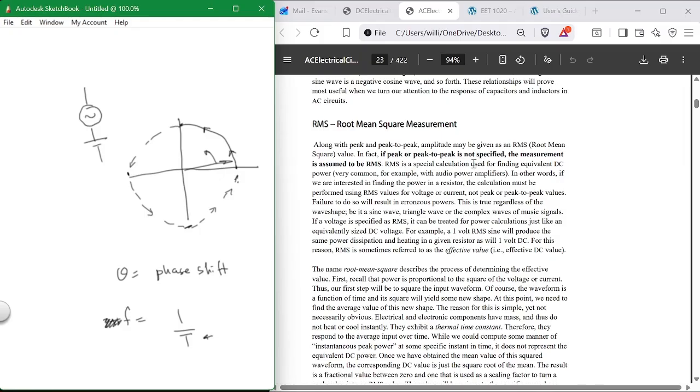Okay, if peak or peak to peak is not specified, the measurement is assumed to be RMS. He says it right there. If you don't know, if it doesn't say, it's assumed to be RMS. Hopefully that doesn't upset you. Sometimes it'll be peak, sometimes it'll be RMS, but if they don't tell you, you can assume it to be RMS. And he does that, I think, pretty good. Any questions about that?